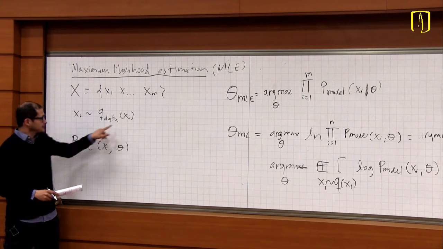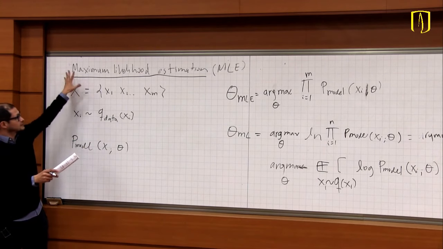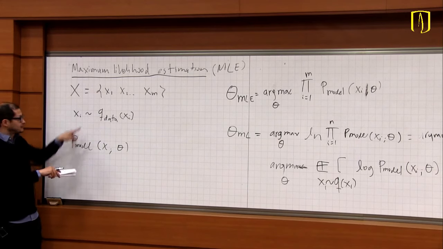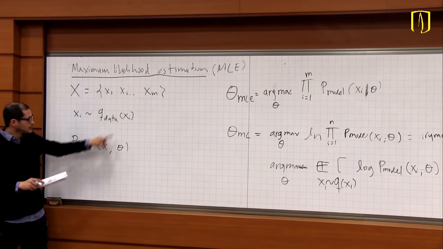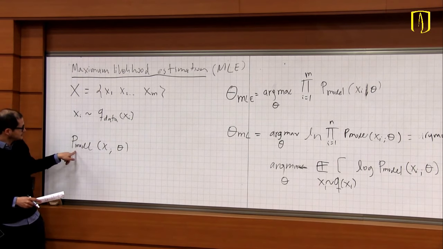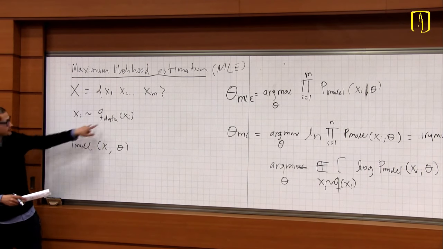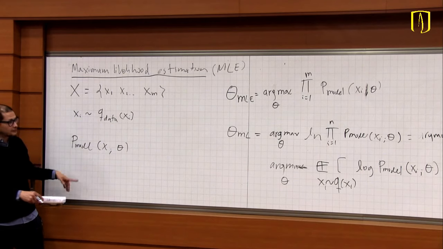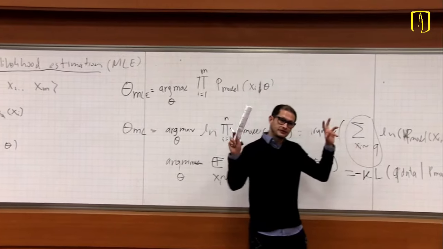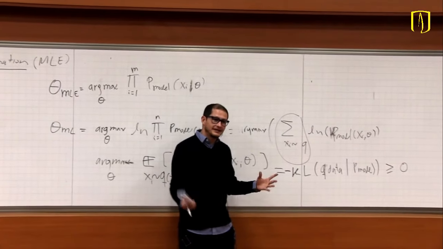And is the idea that we want to use this to find a model that approximates this distribution, and we optimize these parameters theta such that this P model approximates Q, and to do that we use this KL divergence as our cost function? And the answer is yes.